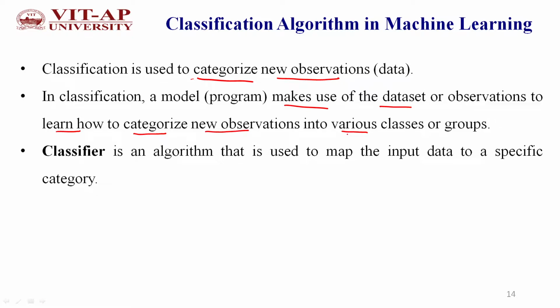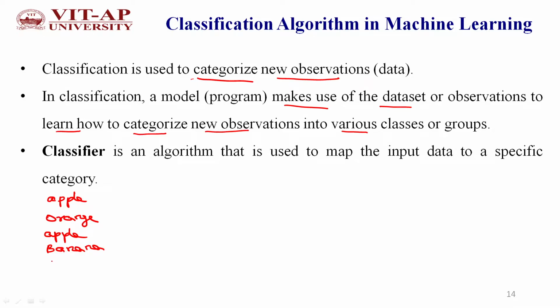classes or groups. For example, if we have a set of data with labels: apple, orange. Third data point is apple. Fourth data point is banana.